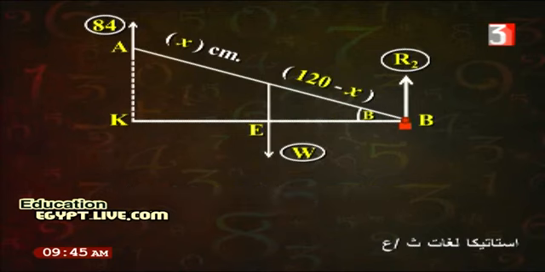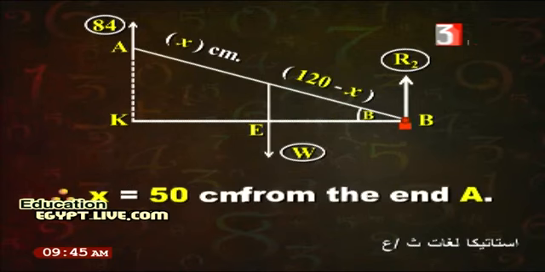Therefore, X equals, dividing each term by 144, 50 from A. The value of X from A equals 50 centimeter, or from point B, 120 minus 50 equals 70 centimeter. Then, my dear student, in this example, we calculate the value of X and the value of W.